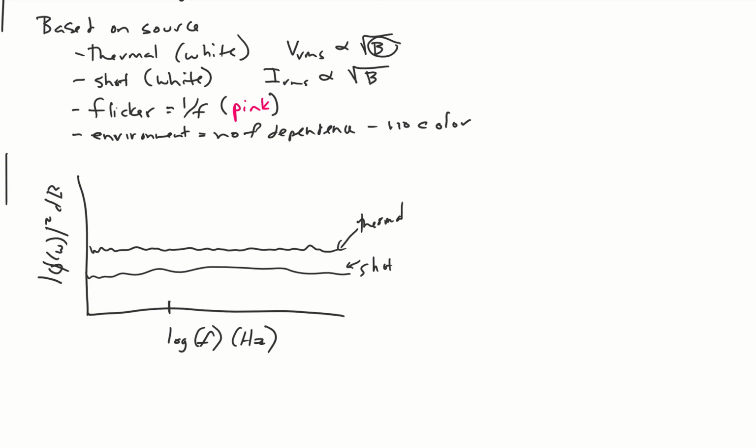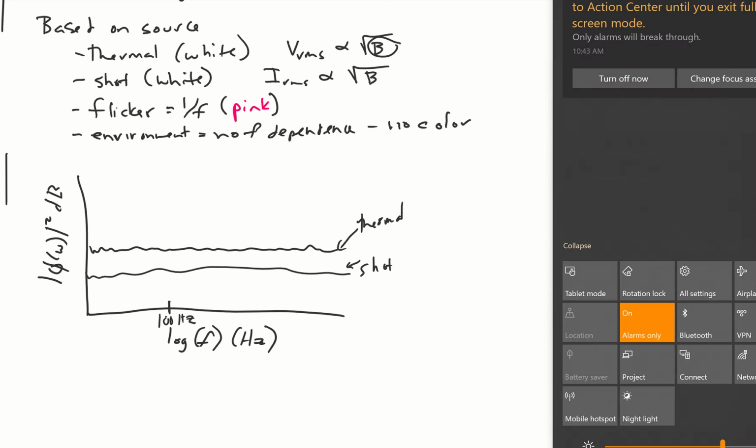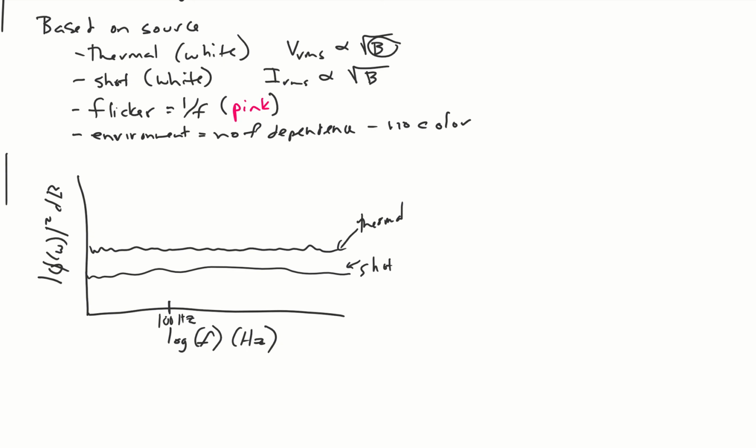We can also draw this line at 100 hertz here. Because if you remember from our last lecture, flicker noise is only significant below 100 hertz. At those low frequencies, you'll start to see that 1 over F behavior.